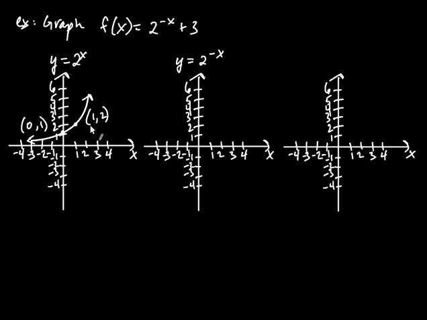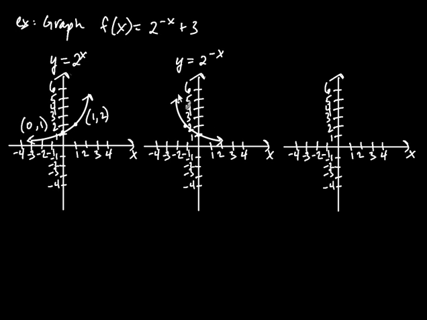So instead of 1, 2, we're going to get negative 1, 2, this point right here. When you reflect across the y-axis, the x-coordinate changes sign. Of course, 0, 1 is going to remain the same. If you imagine this graph reflected across the y-axis, it's now going to look like this. Let's graph that in now.